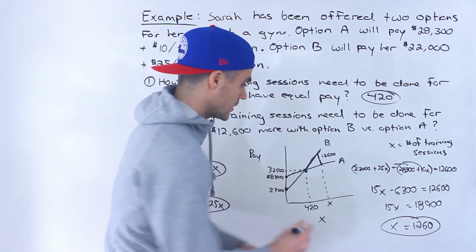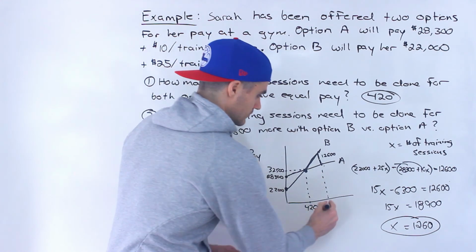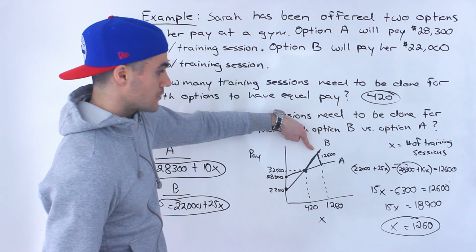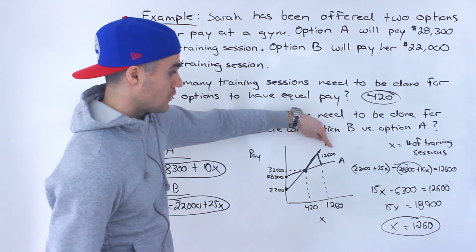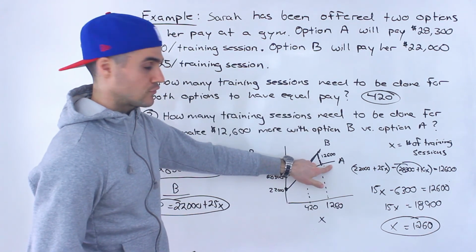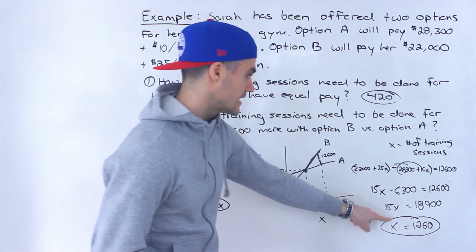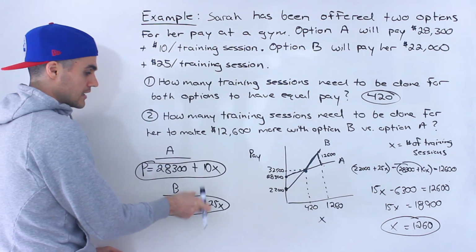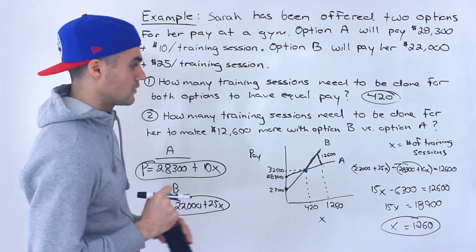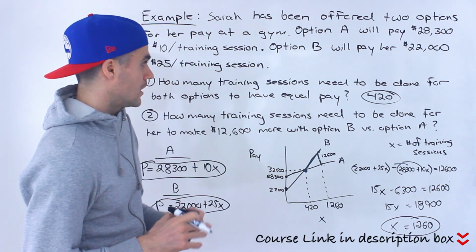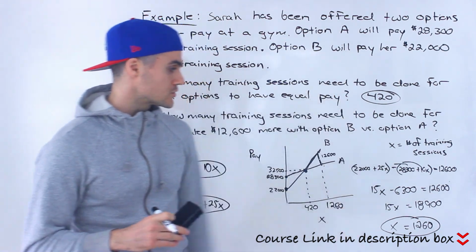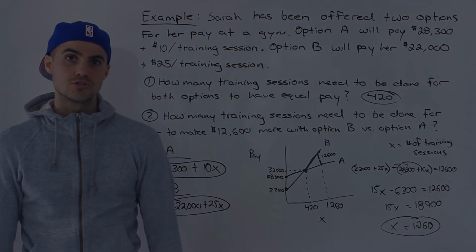So that many training sessions would make the pay for option B 12,600 more than the pay for option A. And then you could test that. You could take that answer, plug it into both of these, and then when you subtract those numbers, it should be 12,600. Right, so the answer for number 1 is 420. The answer for number 2 is 1,260.